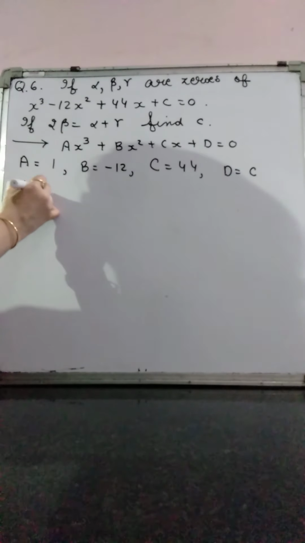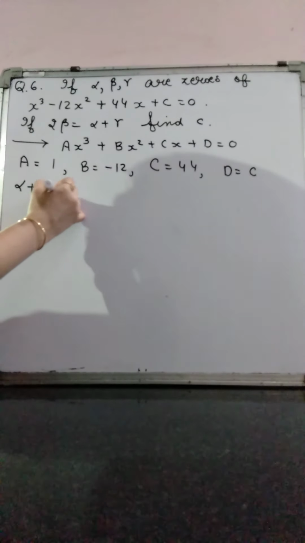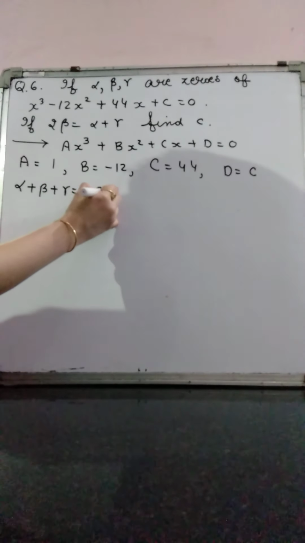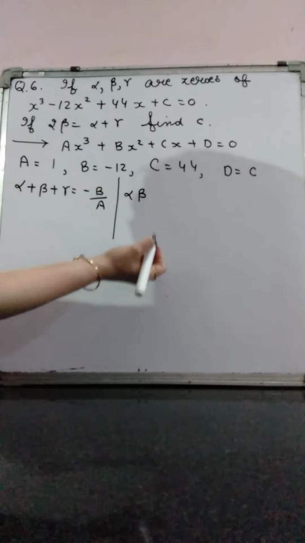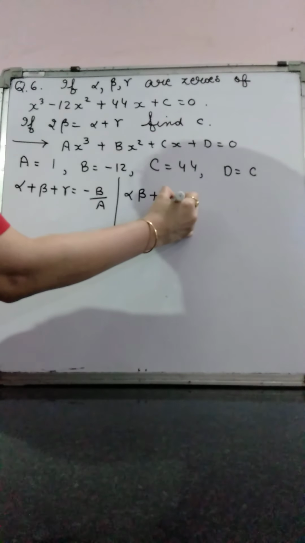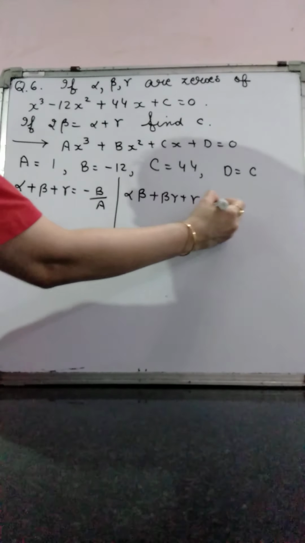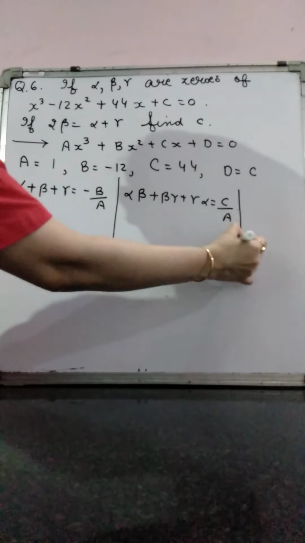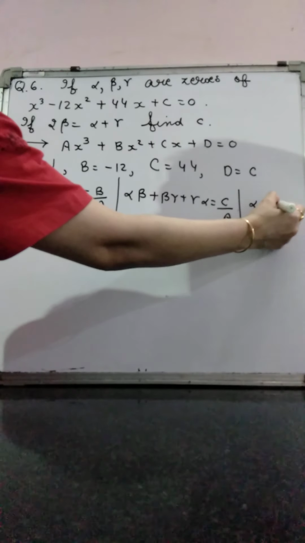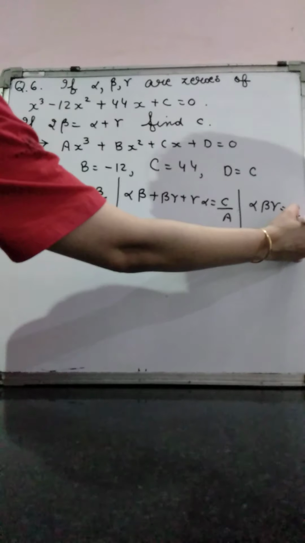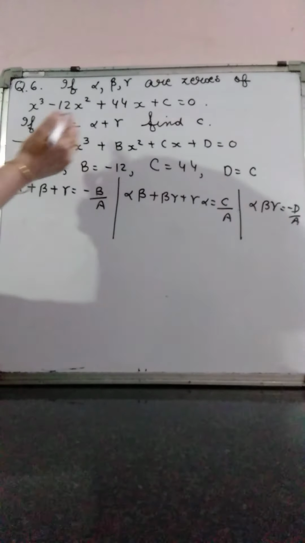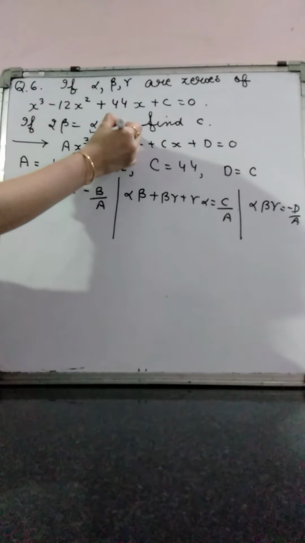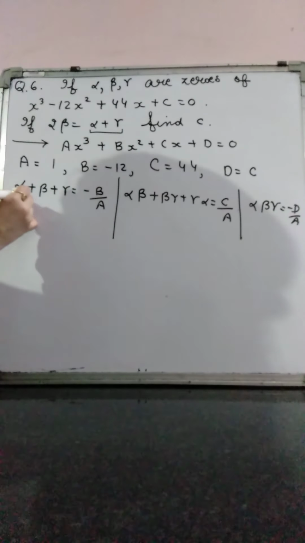Now apply the formula: sum of zeros alpha plus beta plus gamma is minus b by a. Sum of product alpha beta, beta gamma, gamma alpha is c by a, and product of zeros alpha beta gamma is equal to minus d by a. Now you are given alpha plus gamma.